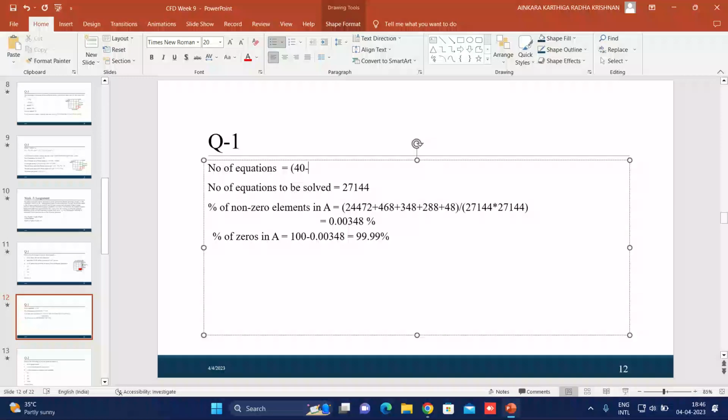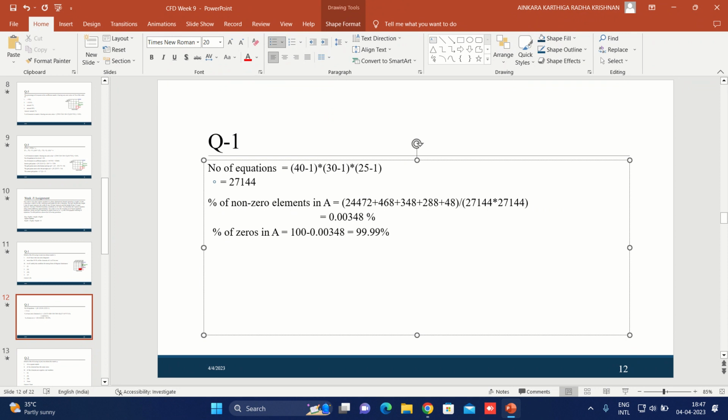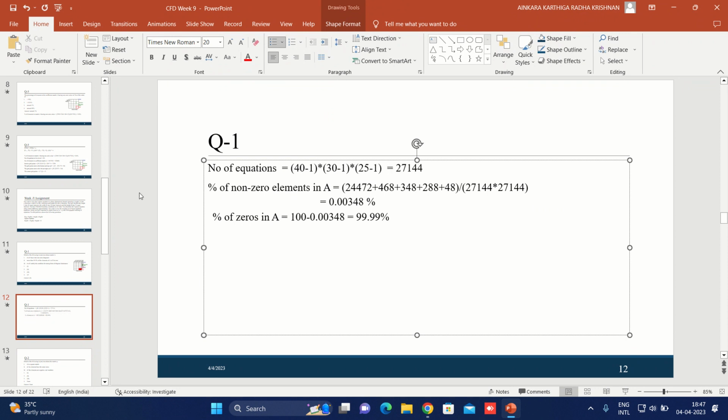So in this problem it is 40 minus 1 into 30 minus 1 into 25 minus 1. So 27,144 equations are coming.